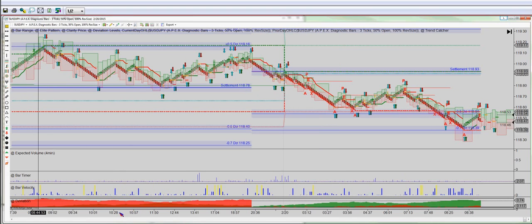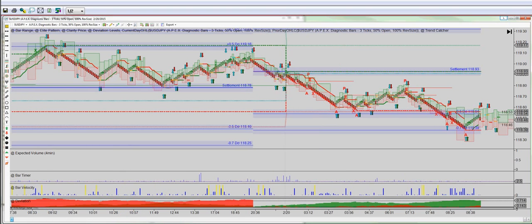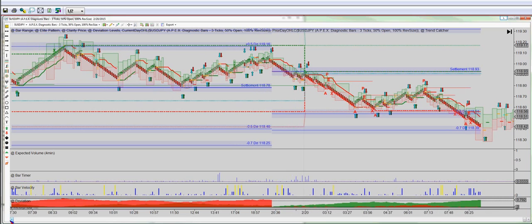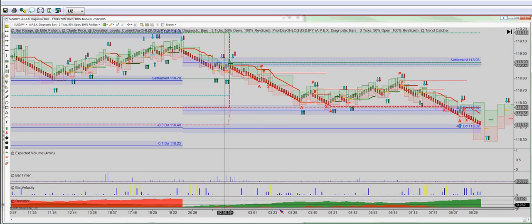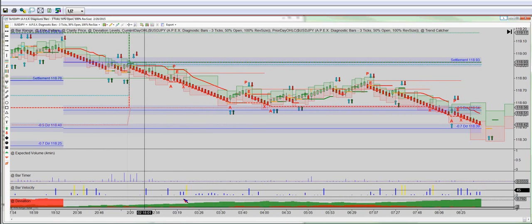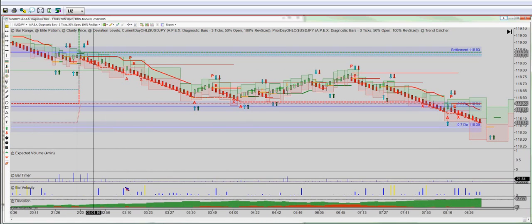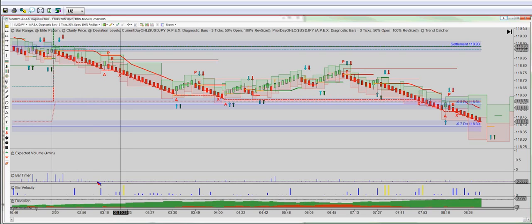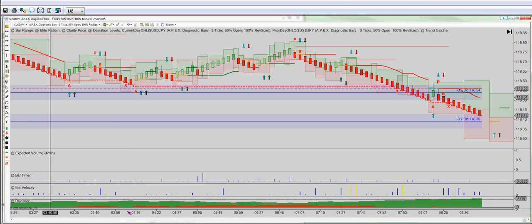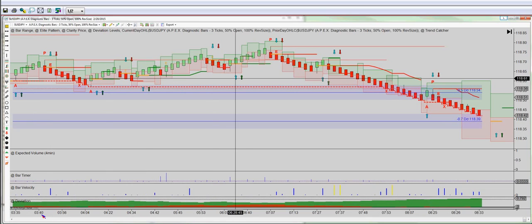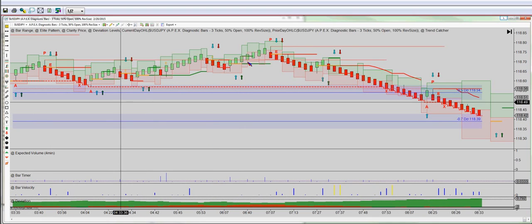This is not stretching like I want it to stretch. Trying to stretch it out. Not cooperating. Okay, there we go. I wanted to get that when they did the FOMC minutes, but I'll just take any old spot here, and I just kind of want to look at some trades and go over some trades.